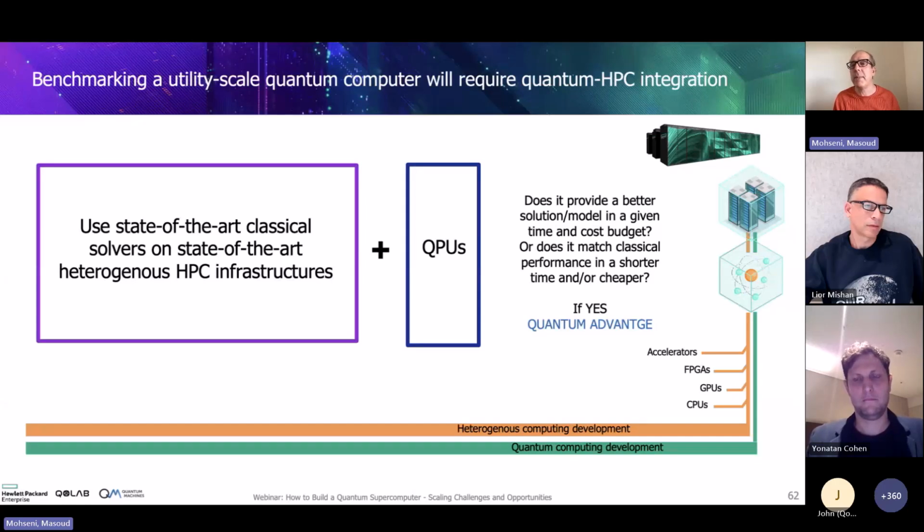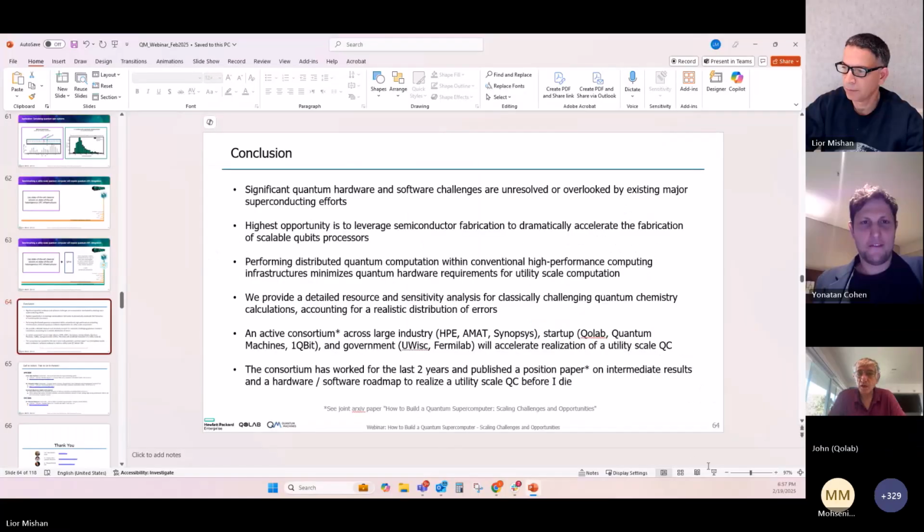Or does it match classical performance in a shorter time or in a cheaper fashion? If the answer is yes, you have quantum advantage. If not, just remove the QPUs, and what you already had as your baseline is the state of the art, and you can also ship that and monetize the baseline as the best physics-inspired solvers and machine learning models.